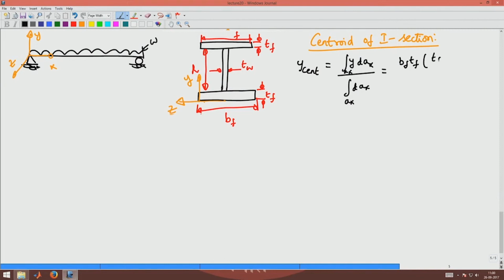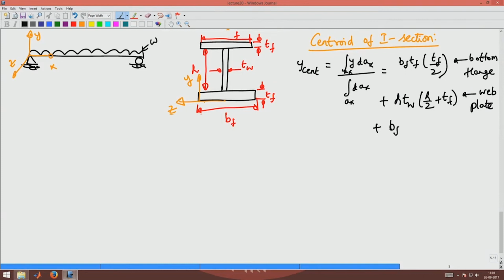So, this Bf Tf into Tf by 2 is for the bottom flange, plus H into Tw into H by 2 plus Tf, this would be for the web plate, plus Bf into Tf into H plus Tf plus Tf by 2, this is for the top plate.